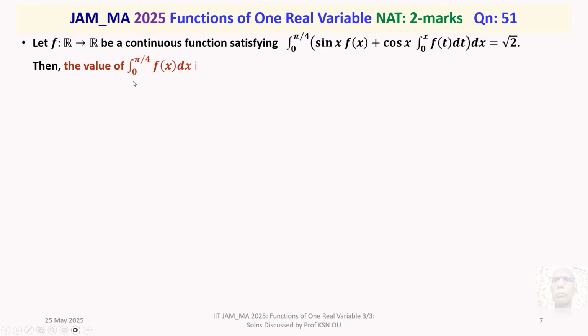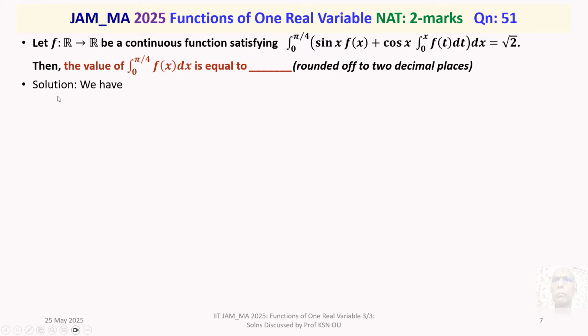Then the value of the integral from 0 to pi by 4 of f(x) dx is equal to dash, to be rounded off to 2 decimal places. Now, let's discuss the solution of the problem in detail.